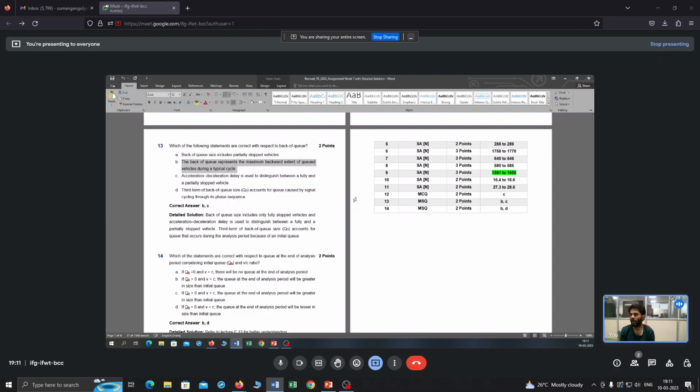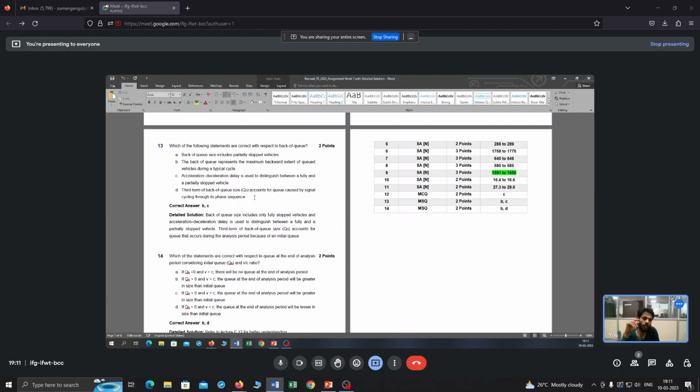So the third term of back of queue, the Q3, corresponds to the initial delay, right? The sustained oversaturation accounts for the delay caused by the signal cycling through its phase. No, it is not true, because Q1 does this, not Q3.